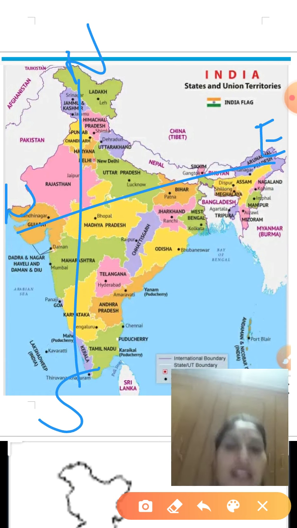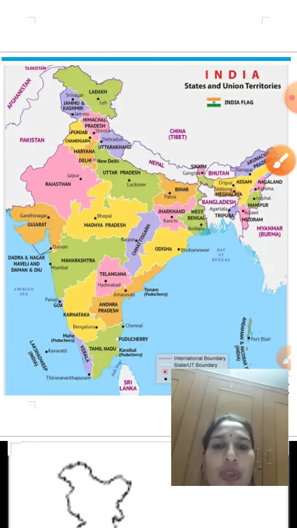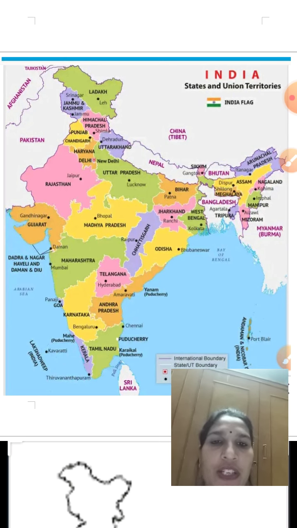The next thing we should know about India is the latitudinal and longitudinal extension.